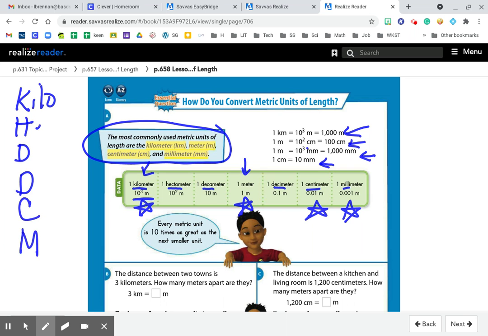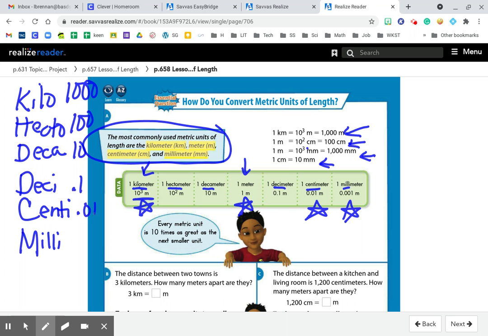Prefixes: kilo means 1,000, hecto means 100, deca means 10, deci means 1/10th, centi means 100th, and milli means 1,000th. So this would be 1,000, 100, 10, 1/10th, 100th, 1,000th.